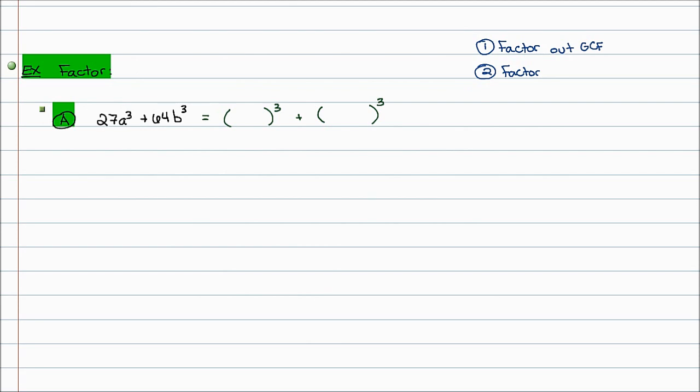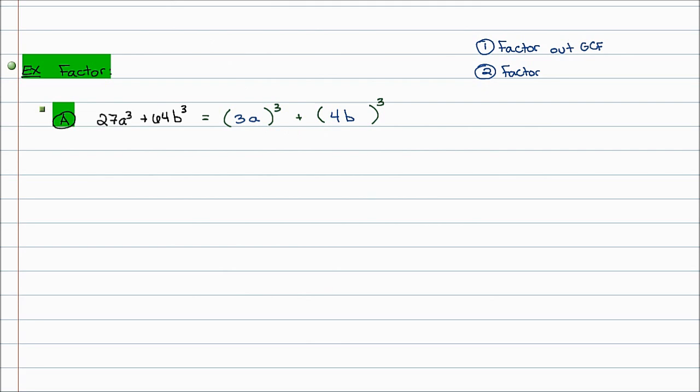So what number, when it gets cubed, becomes 27? Well, that would be 3. So 3 cubed is 27. What variable, when it gets cubed, becomes a cubed? Well, a. A being cubed becomes a cubed. And the same thing over here with 64. That's actually 4 cubed, and then we have the b being cubed.